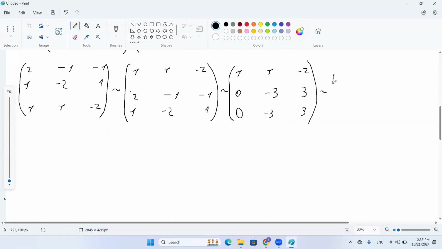So we'll just reduce the matrix. And of course, divide this row by 3. Now we'll write the shortened form.